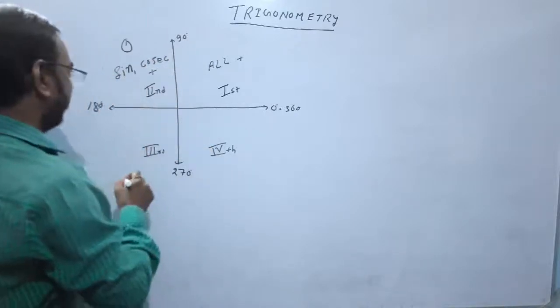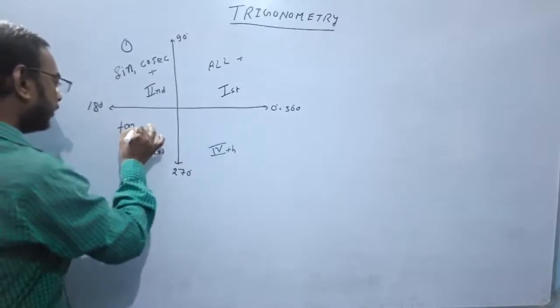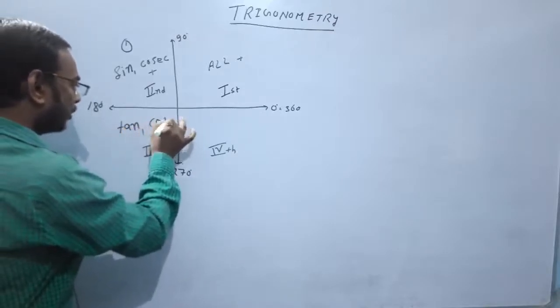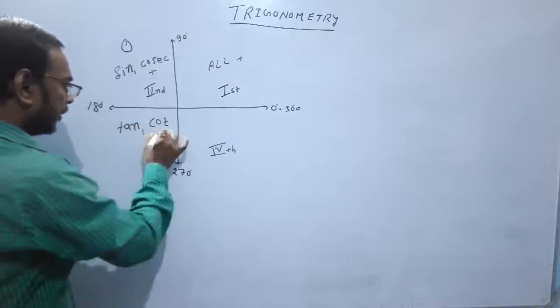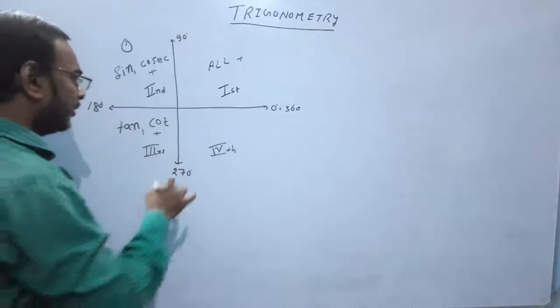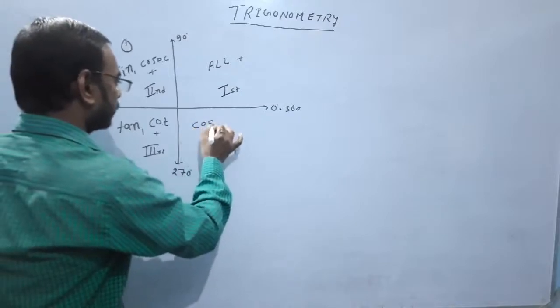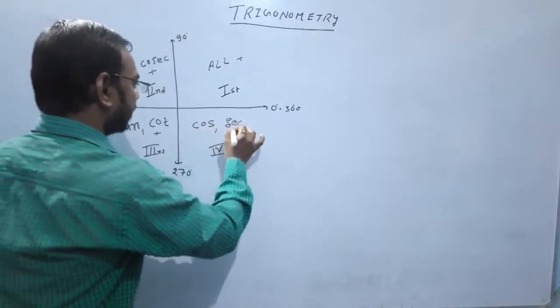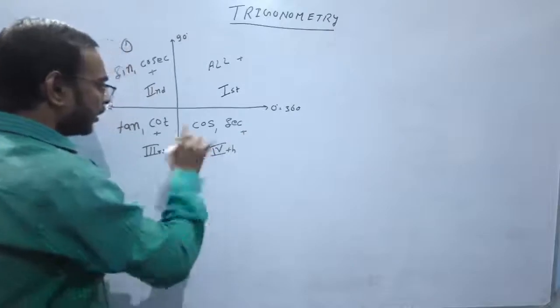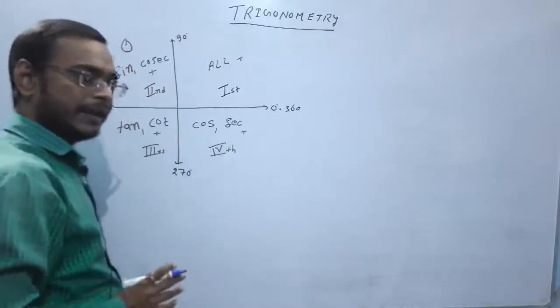In the third quadrant, tan and cot are positive, the rest are negative. In the fourth quadrant, cos and sec are positive, the rest of the trigonometric ratios are negative.